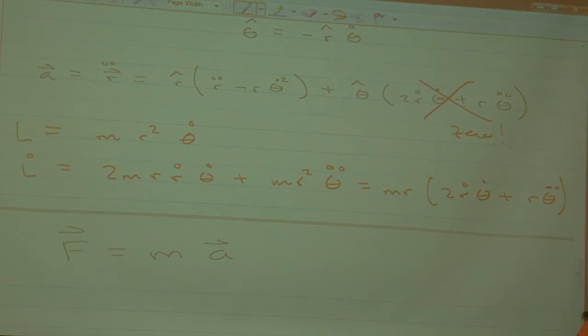The force vector is m a vector. The force vector is minus G m over r squared r hat. The direction of the acceleration and the direction of the force need to be the same. That's Newton's second law. Since the force is radial, the theta hat term better go away.